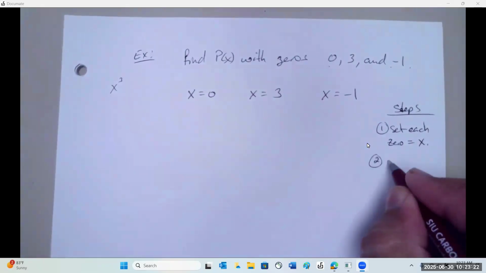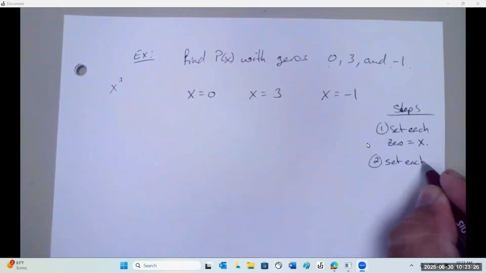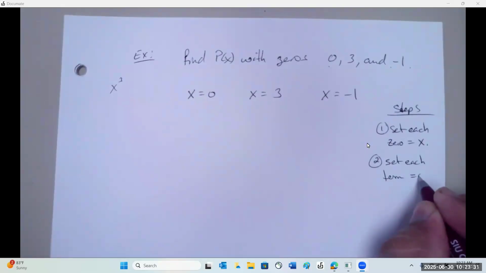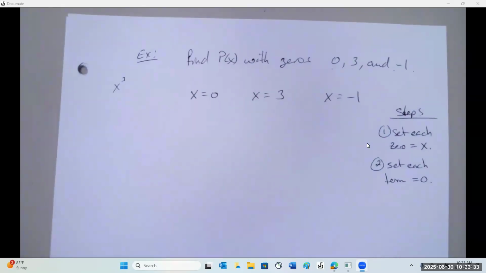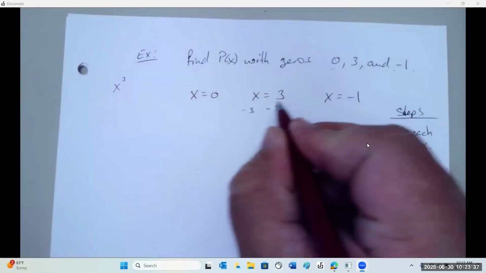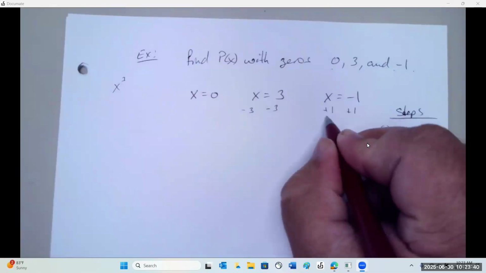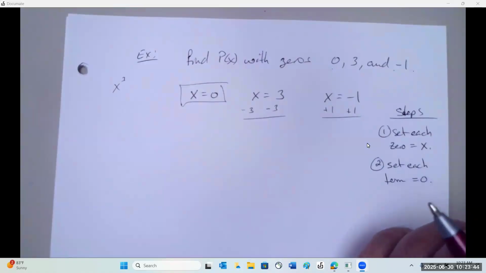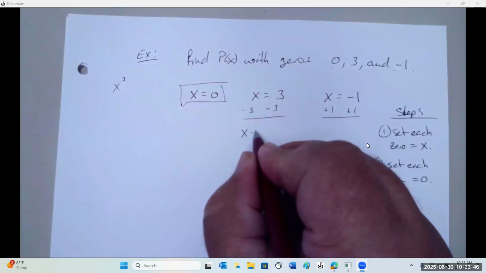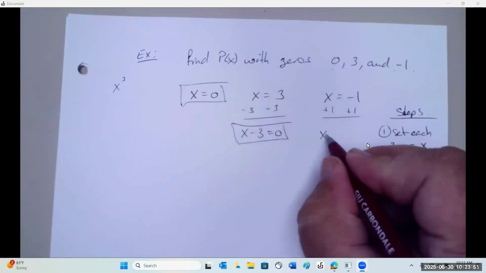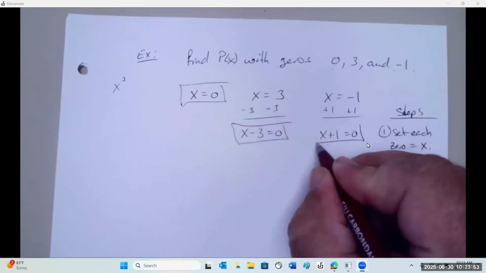Then 2, set each term equal to 0. So we subtract 3 and add 1. This is already set equal to 0, so it's done. So we have x minus 3 equals 0, and x plus 1 equals 0.